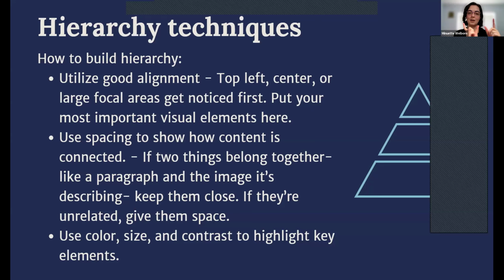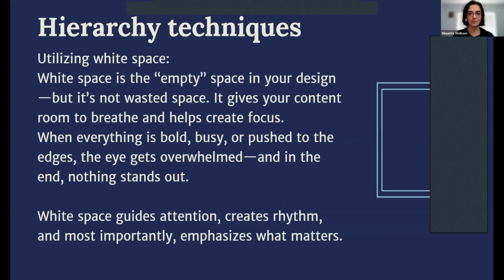You really want it to be maybe directly above or below or beside it so that people will see the proximity and think, oh, those are related. Same with bullet points to whatever you're talking about. You don't want that off somewhere else. You want those close together. Color, size, and contrast can help highlight key elements that you really want people to notice as well.